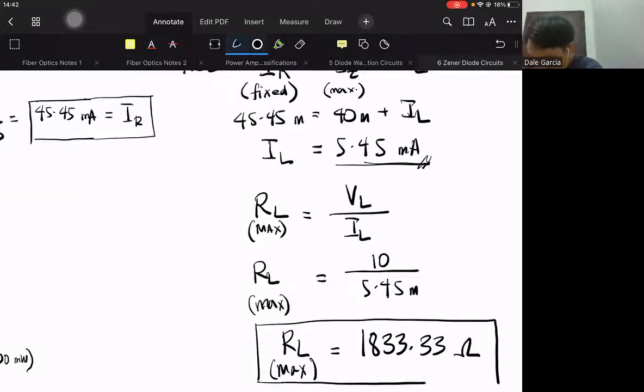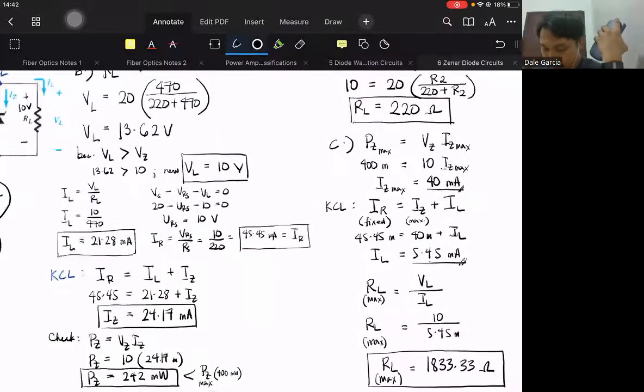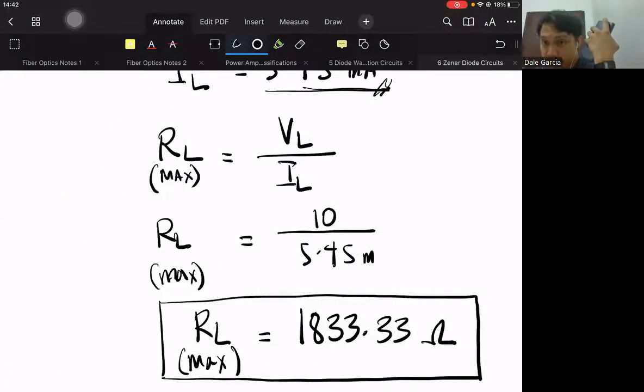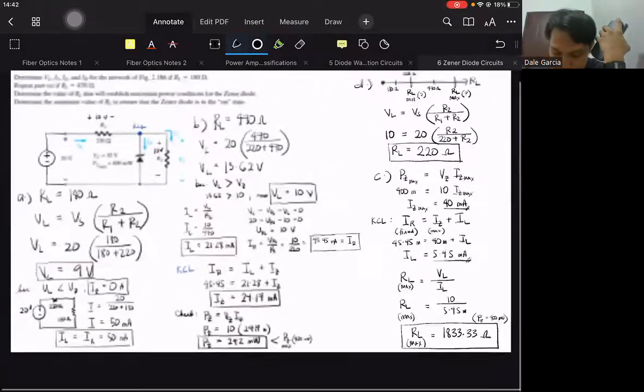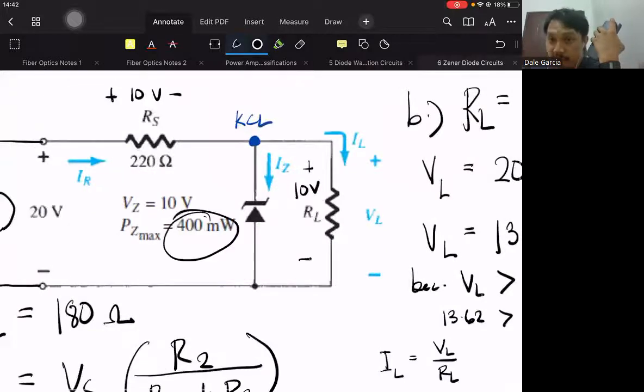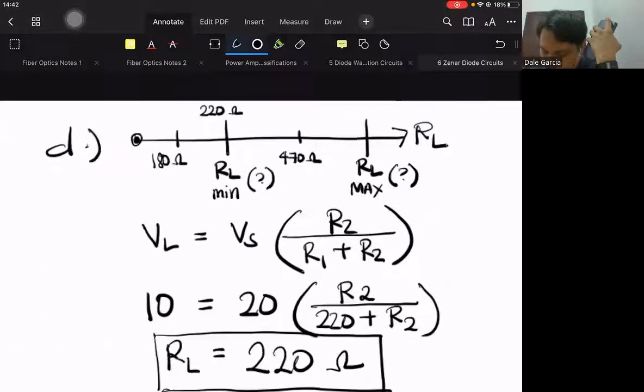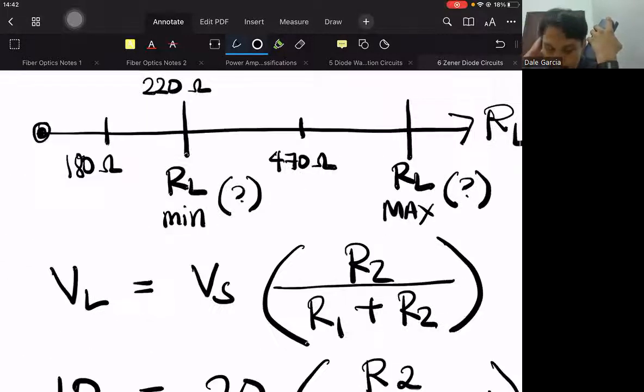To check if this is really the answer, we could solve for PZ. I'm sure PZ here is 400 milliwatts. At this value of RL, PZ is 400 milliwatts, so it reached the given maximum.